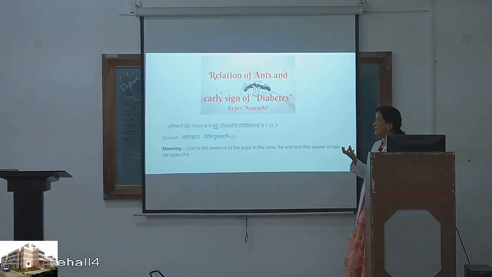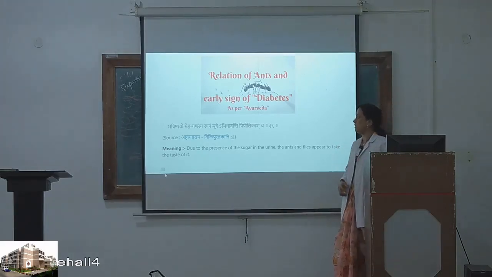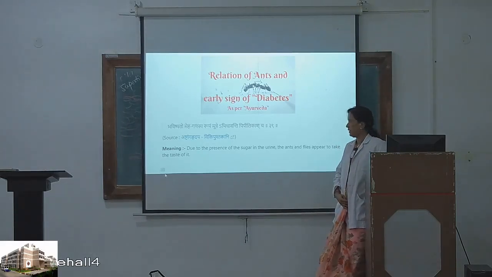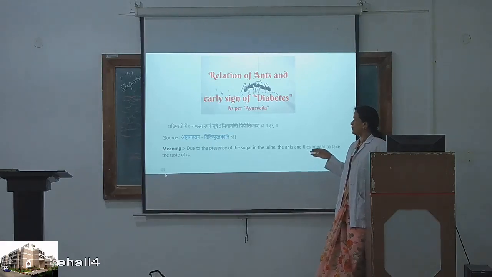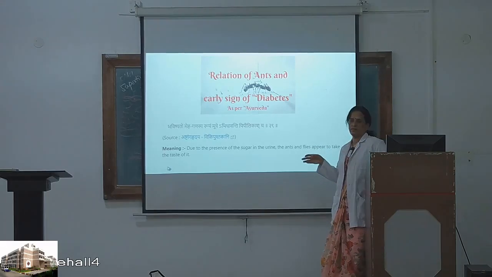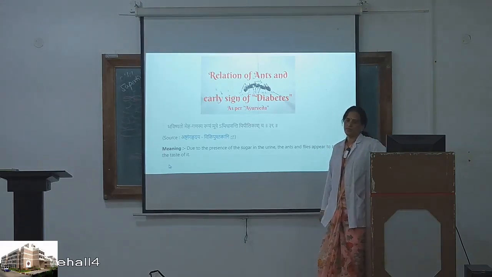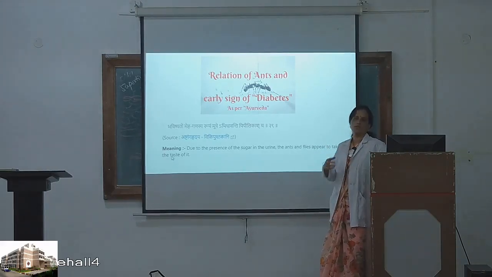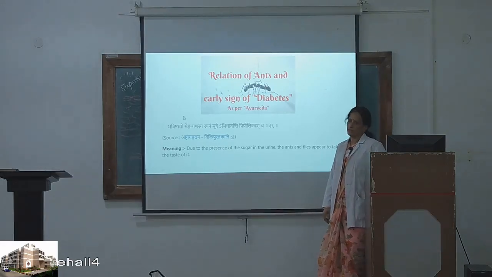Mutre is urine. So meha, sweet urine. So this was quoted in Ashtanga Hridaya. Due to the presence of sugar in the urine, the ants and the flies appear to take the taste of it. So you should never forget what diabetes mellitus means.